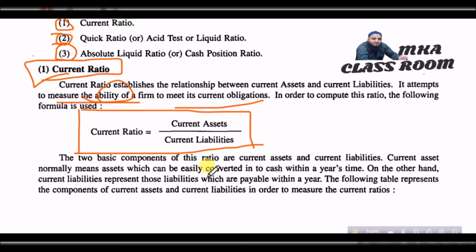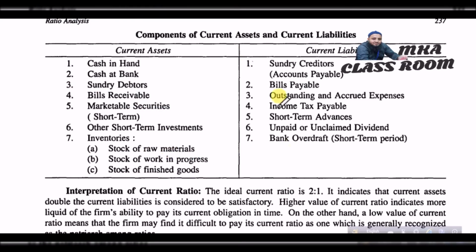Current assets normally means assets which can be easily converted into cash within a year's time. On the other hand, current liabilities represents those liabilities which are payable within a year. So here has the chart of current assets and current liabilities.